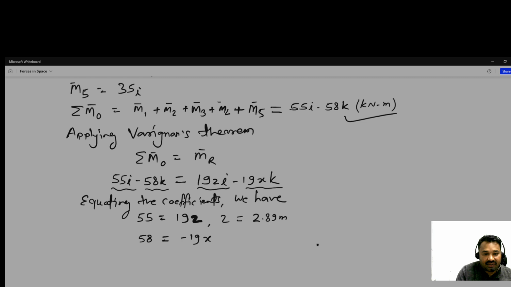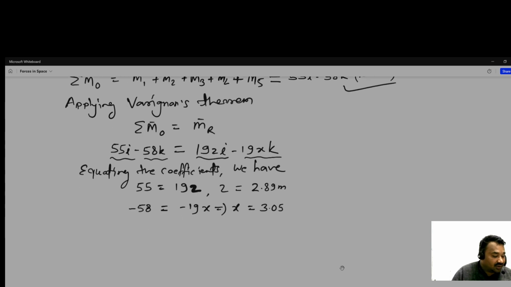So from here we can get x is equal to, and both are minus, actually this is also minus, sorry, so it is 3.05.